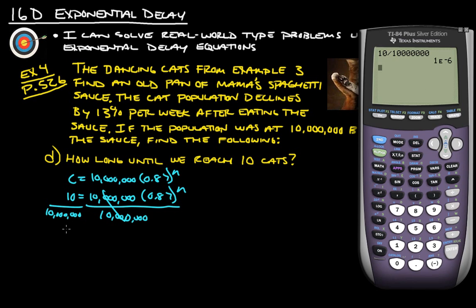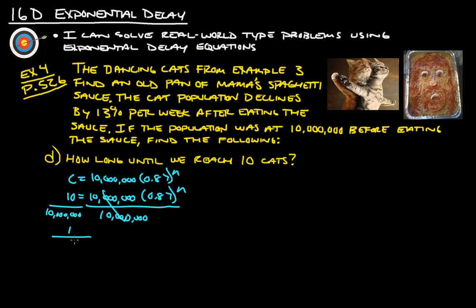So basically 1 over, let's see, 1, 2, 3, 4, 5, 6. Oops, it should be a million, because we just divided by 10. I missed that 0 there. So it should be 1 over a million. So then we want to know when the population is 1/millionth of the original population, equals 0.87 to the n.